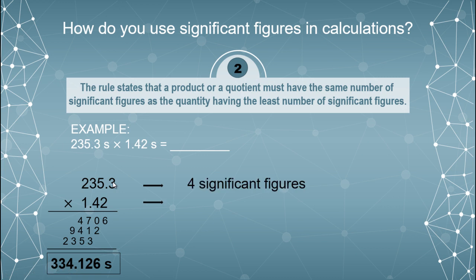Our other factor has 1, 2, 3 significant figures. Therefore, we are going to round off our final answer to 3 significant figures, because that is the least. Okay? So, our answer will become 334 seconds. We stop here because there are only 3 significant figures. And don't forget to write the unit. Okay?